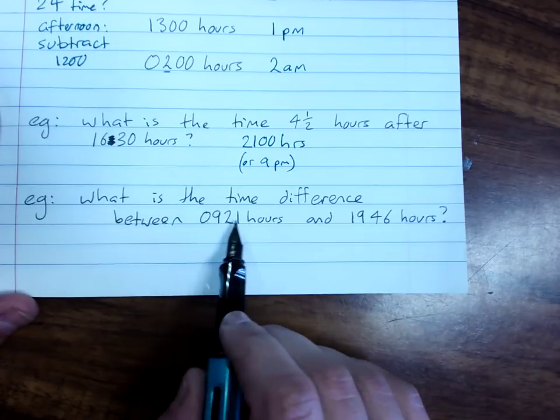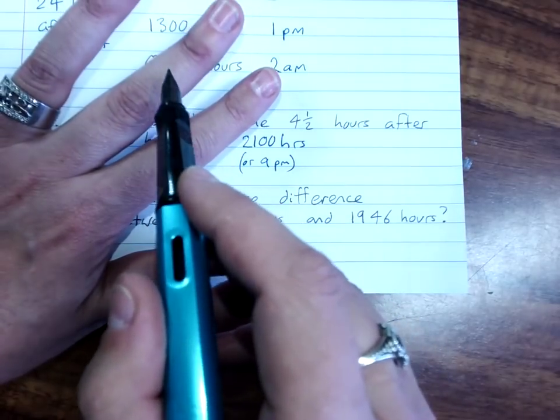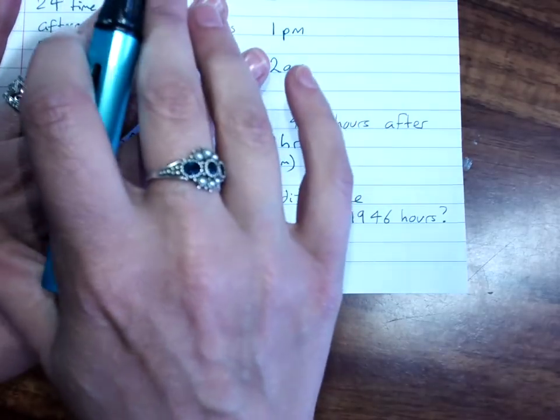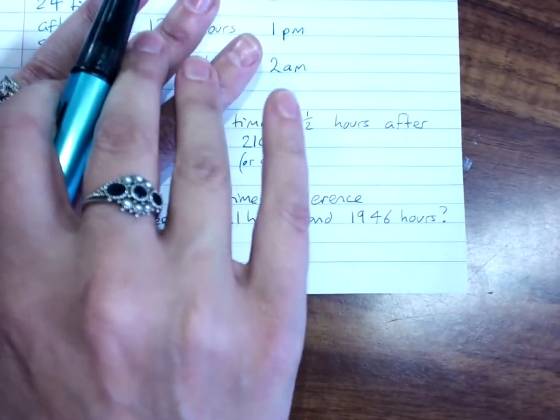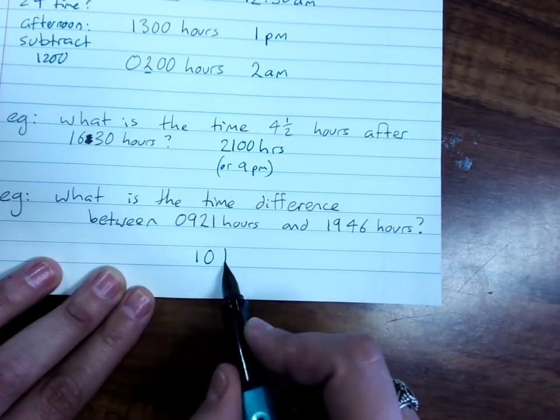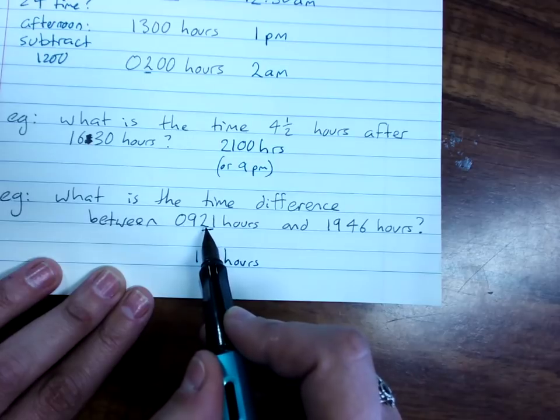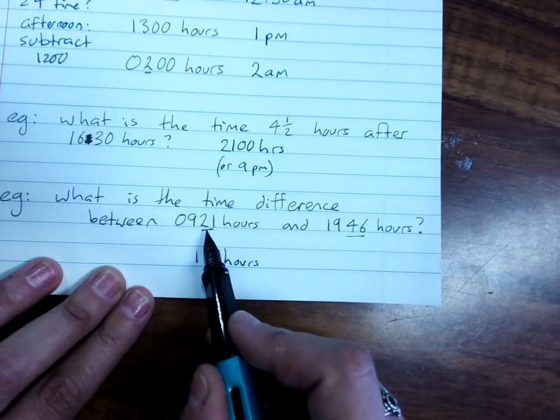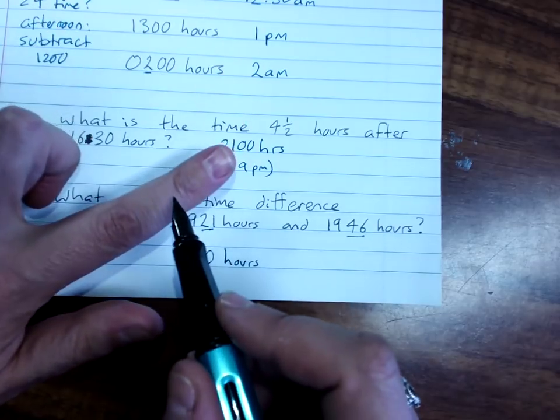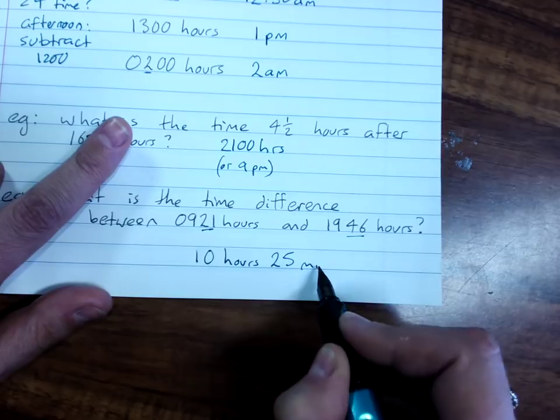I usually count from 9:21, 10:21, 11:21, 12:21, 13:21, 14:21, 15, 16, 17, 18, 19. So that's 10 hours. And then how many minutes to count on from 21 to 46. 21, count the 10 minutes, 31, 41, and then another 5 minutes. 10 hours, 25 minutes.